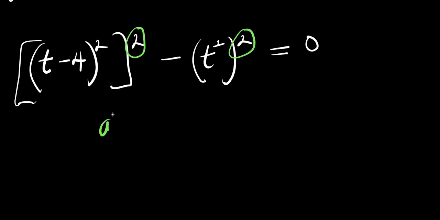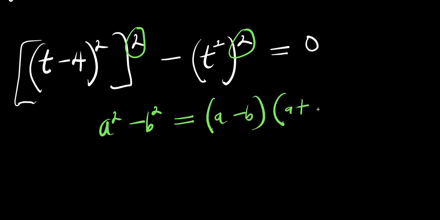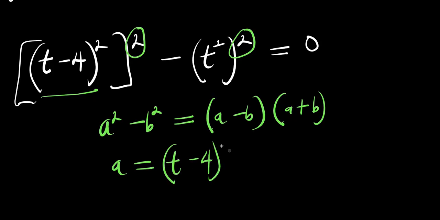It's like writing a power 2 minus b power 2, which equals (a minus b) times (a plus b). And in this case, our a equals the whole of this bracket, which is (t minus 4) raised to the power of 2, while b equals the whole of this bracket, which is t raised to the power of 2.